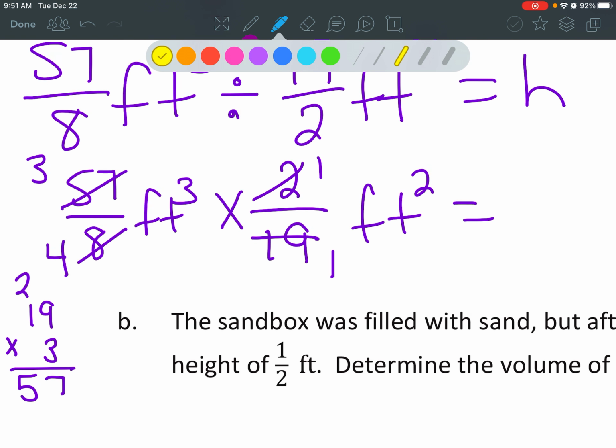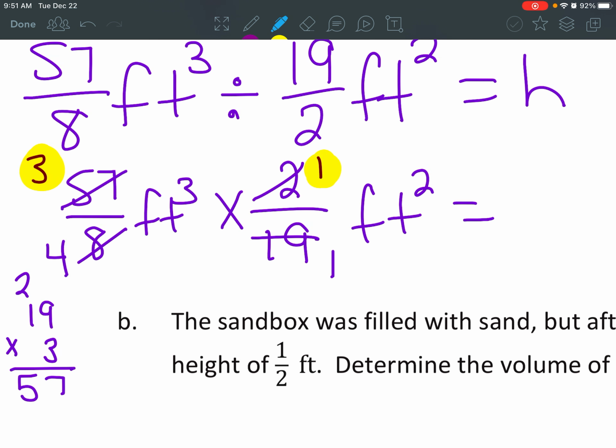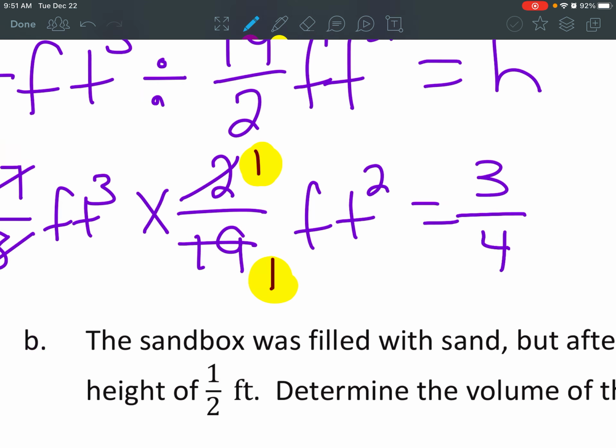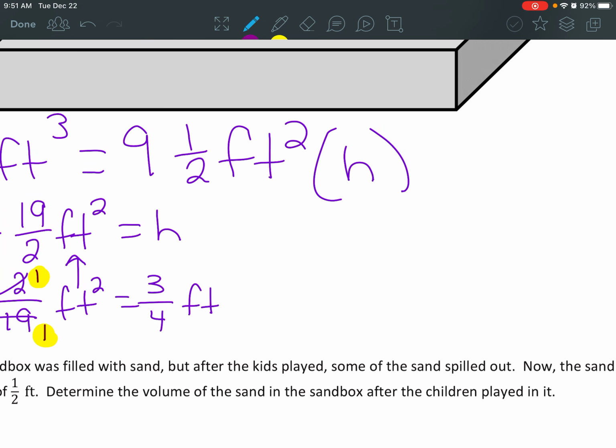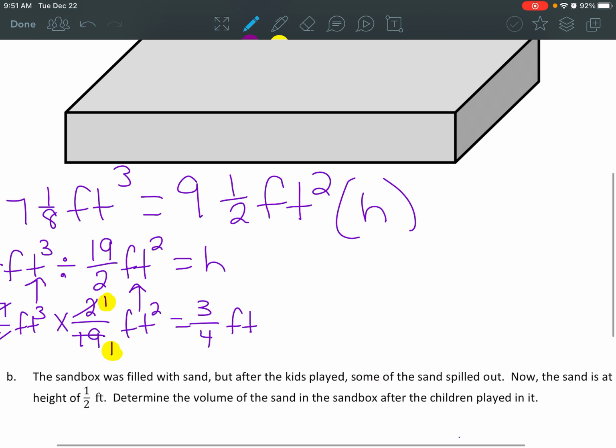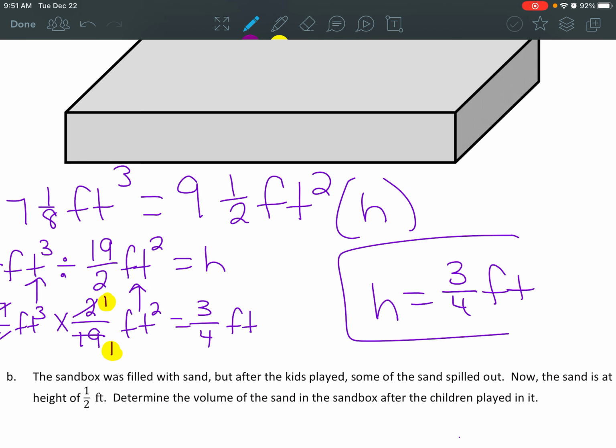I'll change these colors so you can see what we have left. Okay, so 3 times 1 is 3, and 4 times 1 is 4. And feet cubed divided by feet squared would leave us with 3/4 feet. So our height is equal to 3/4 feet.